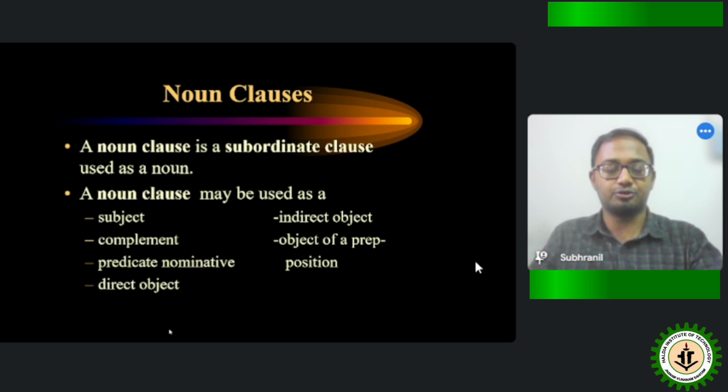Here, the predicate nominative is school teacher, which renames the subject Harry using the linking verb was. This is the predicate nominative. So a noun clause may be used as a predicate nominative as well.